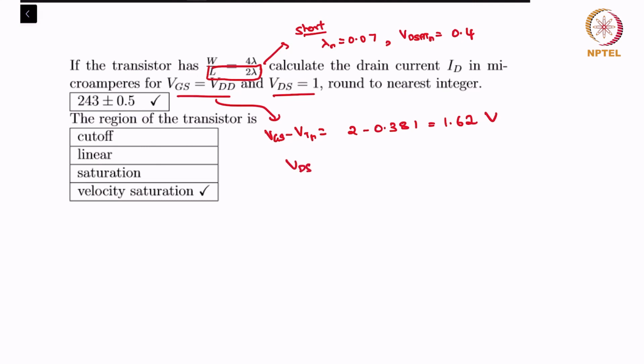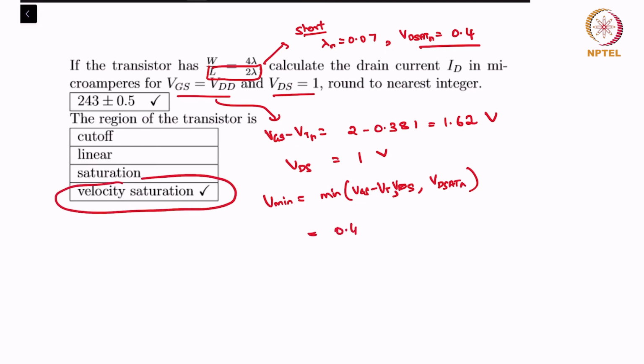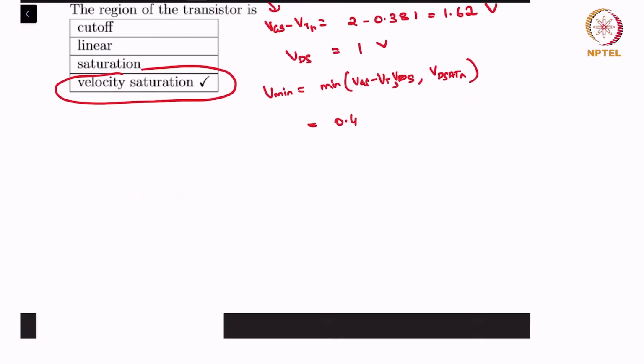And VDS is equal to 1 volt. Of course, VDsat n is 0.4, so Vmin equal to min of VGS minus VT, comma VDS, comma VDsat n. This will come out to be 0.4, giving us the region as velocity saturation.